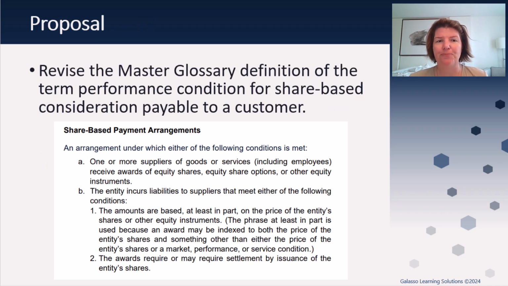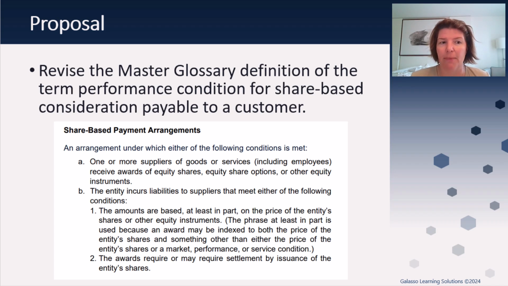In this scenario, we're going to hit on two different things. The first thing is that we're going to incorporate conditions, including vesting conditions, that are based on volume, monetary amount, or timing of a customer's purchase of goods or services from the grantor into the definition. So the definition is going to incorporate and revise the definition of performance conditions for share-based payment to address some of these types, to make it clear what is the proper treatment. The revised definition would also incorporate performance targets based on volume of purchases made by other parties.